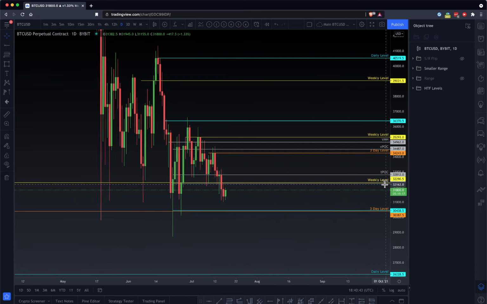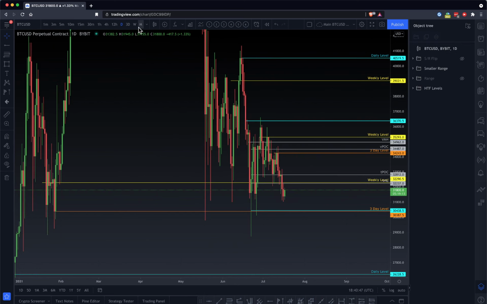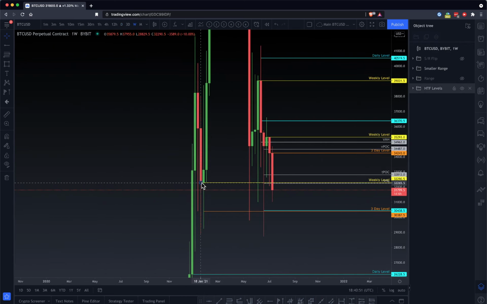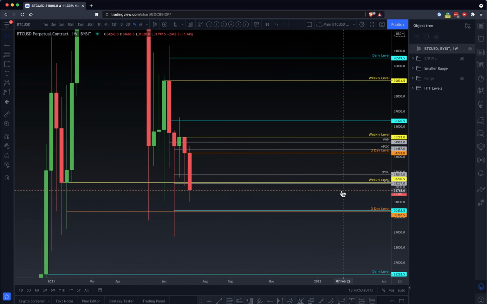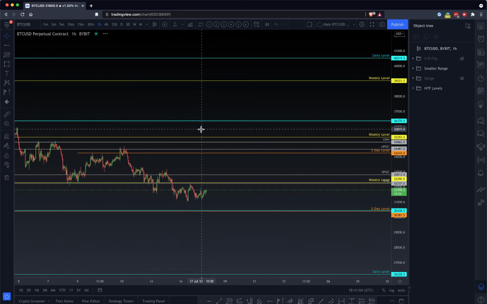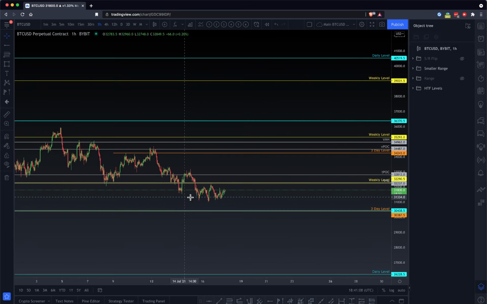We have a weekly here, old weekly, that is lining up with the value area low. We have rejected that once.